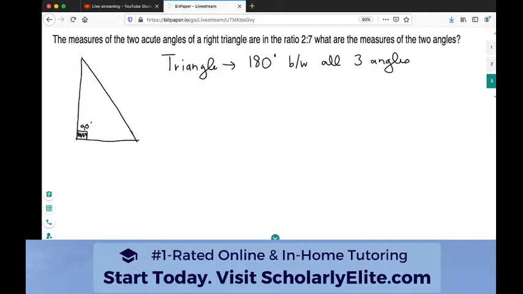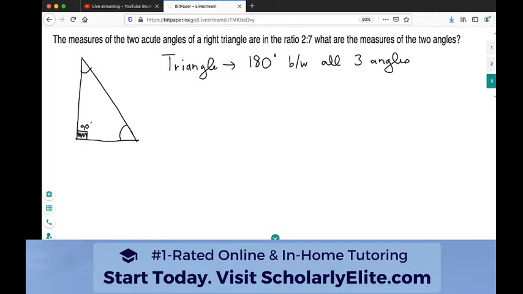So all three angles have to add up to 180. And what we're saying is that the measure of the two acute angles, so this angle and this angle, is in the ratio of 2 to 7. So we want to know exactly what those angles are. And we can definitely solve for that.